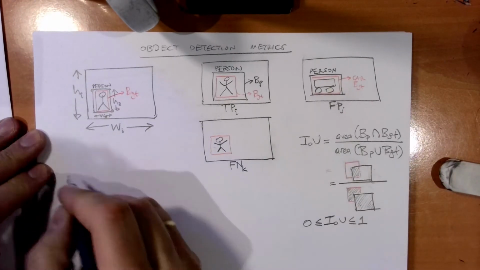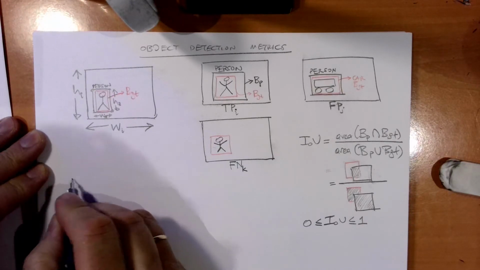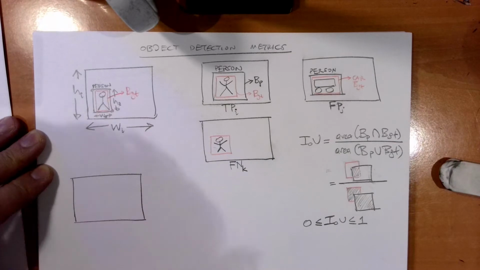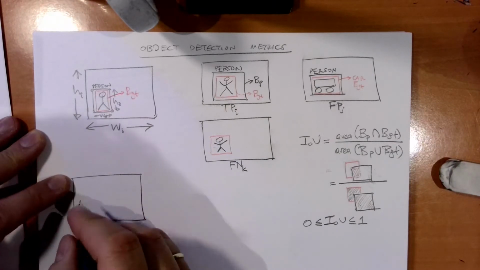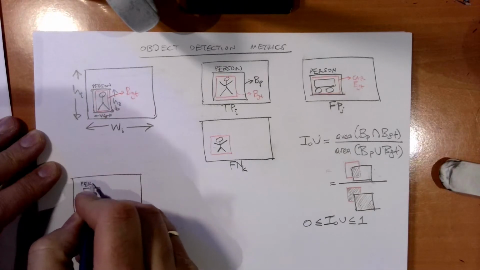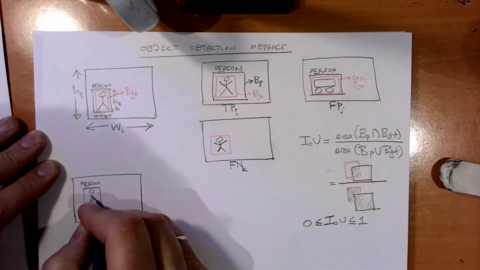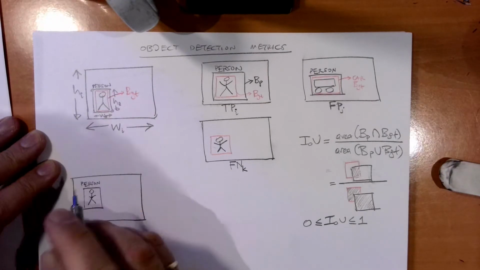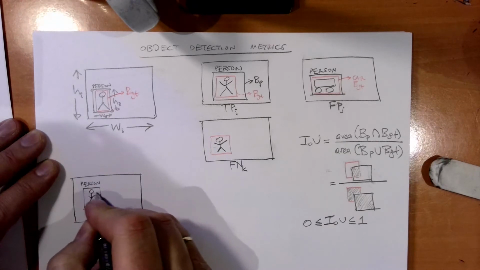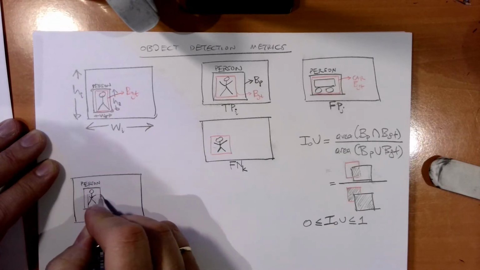And now that we have actually seen the IOU, I think it's worth considering a couple of cases of interest. Again, in the case where we have definitely detected the right class. So in the case where we have a person and kind of detected the person with some form of significant overlap between the two boxes.